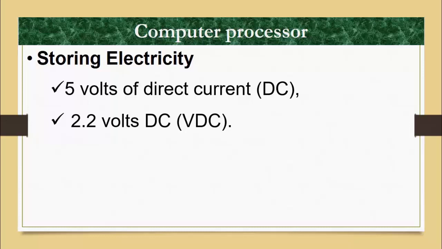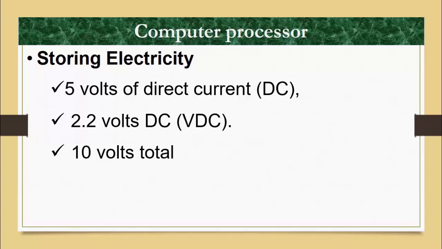For example, in a 5 volt DC or 5 volt direct current processor, a charge of plus 5 volts is the high voltage and represents a binary 1, and a charge of minus 5 volts is the low voltage and represents the binary 0.